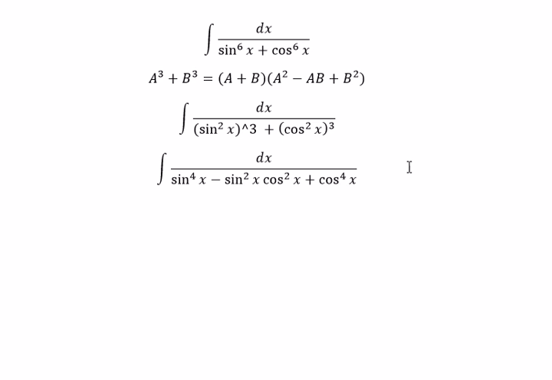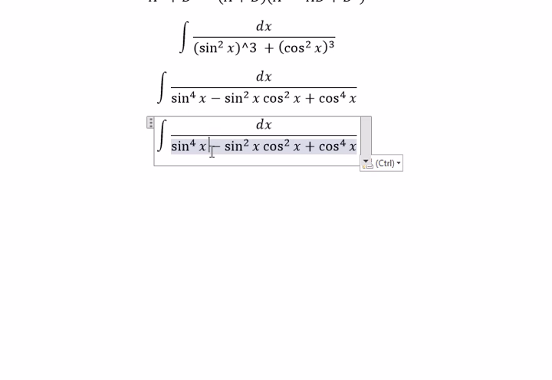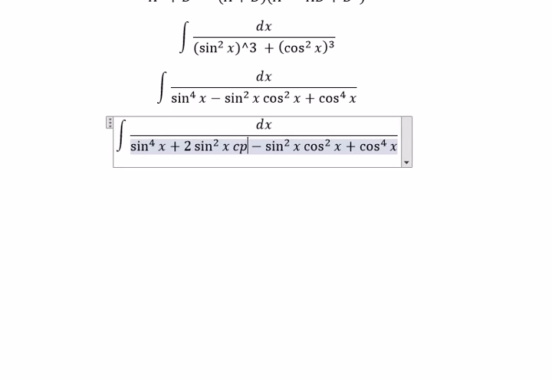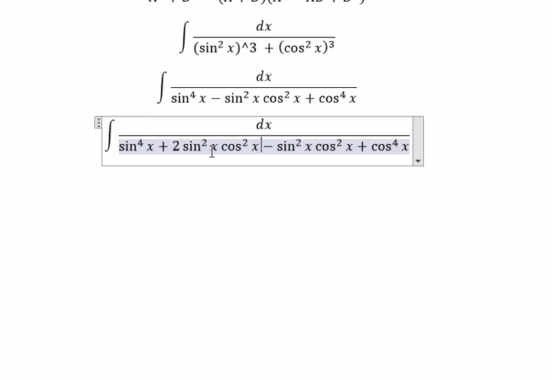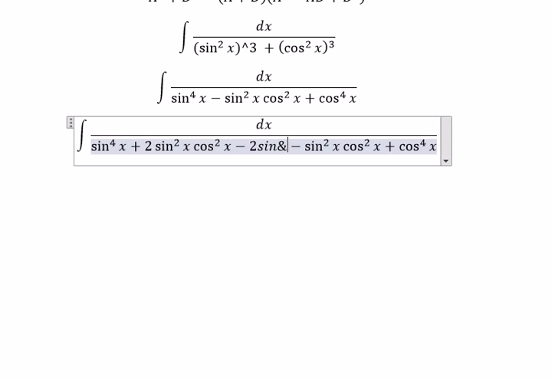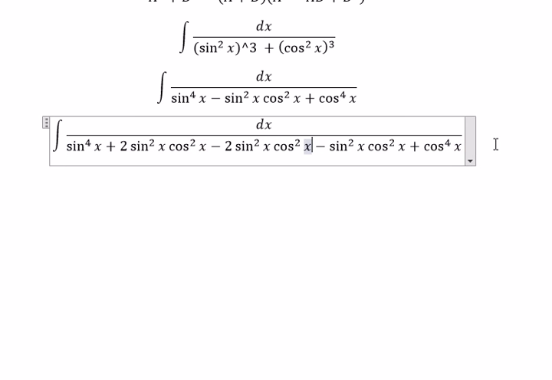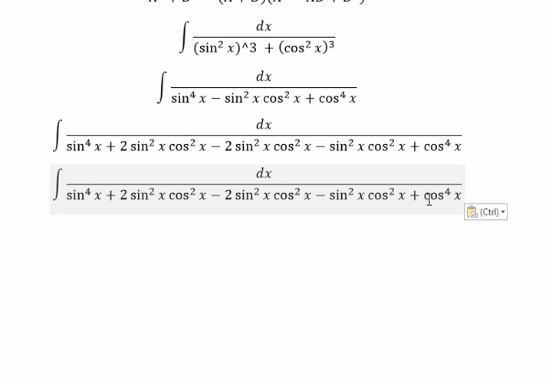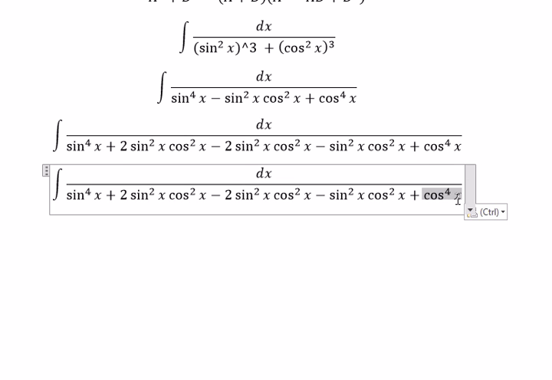Next, we can add 2 sine s square cosine s square. That means we need to minus 2 sine s square cosine s square. So we put cosine s to the power of 4 next to it in here.